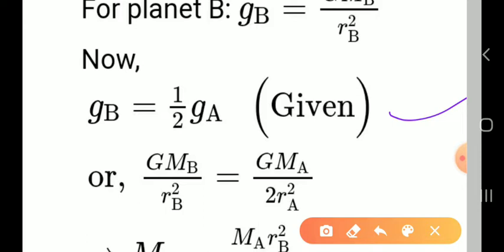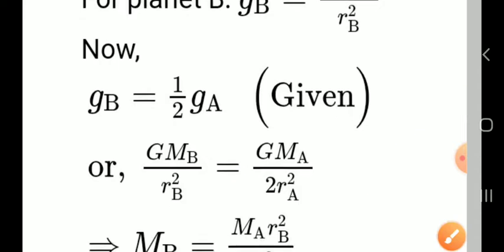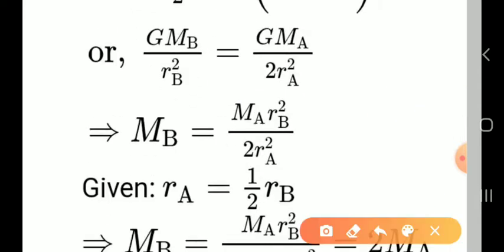Now we write the formula of g, then we will get capital G Mb upon r square B, where Mb means mass of planet B and rB means radius of planet B. It will be equal to G Ma, mass of planet A, upon 2r square A, that means radius of planet A. So now we'll see, therefore Mb, that means mass of planet B, will be equal to, we will do the cross multiplication, then we'll get here Ma.